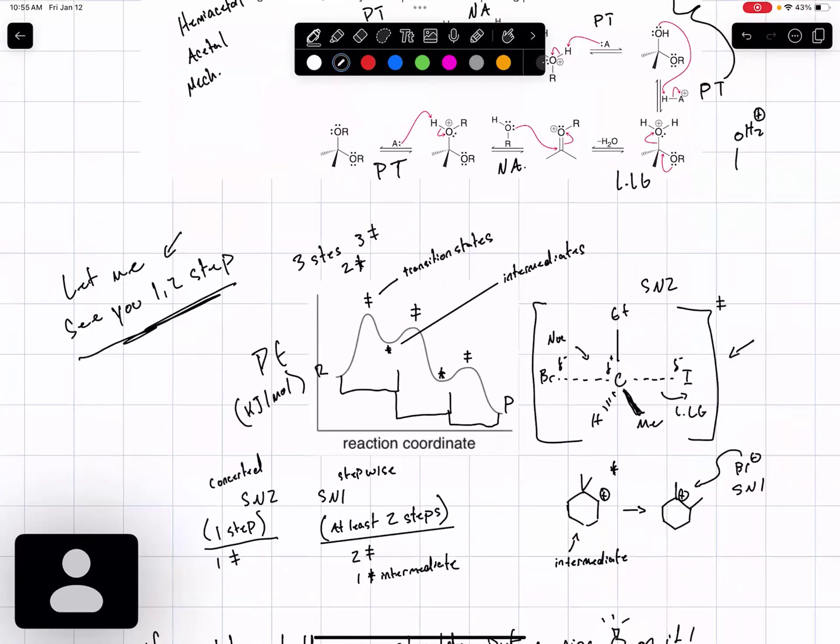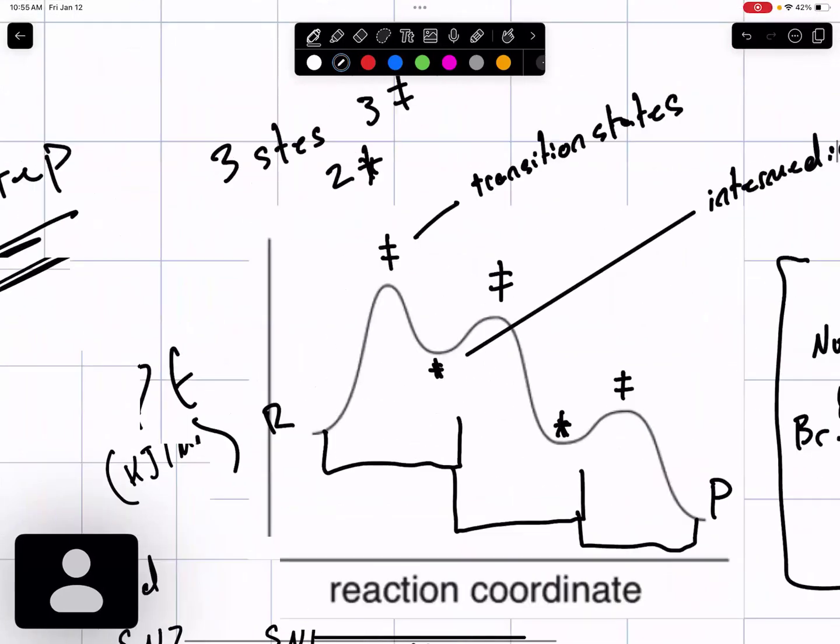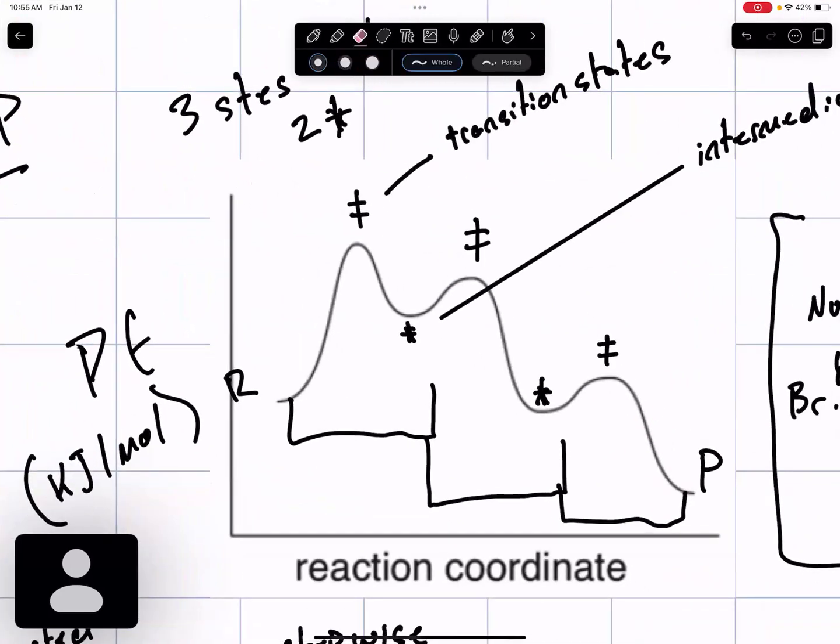So again, last thing to summarize. When you're given something like this, you look at the peaks. Those peaks represent transition states. Those valleys represent intermediates. And every one of these from reactant to product would just be 1 step.